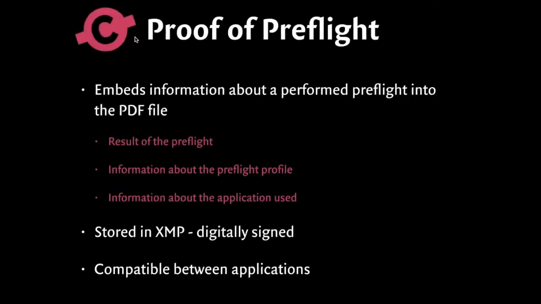There is one last thing that I didn't talk about yet, and let's return to the presentation for another second. And that is actually something that you can use on top of a preflight specification, on top of a standard. It's called Proof of Preflight, and it is a standard that has been developed by the Gantt workgroup, is described on the website of the Gantt workgroup, and where you can embed information about a preflight that you have done. So the workflow in this case is that you decide which preflight profile you want to use.